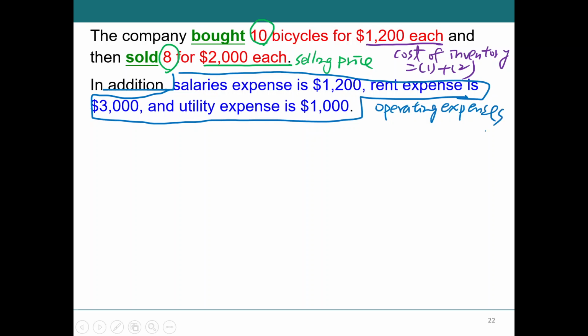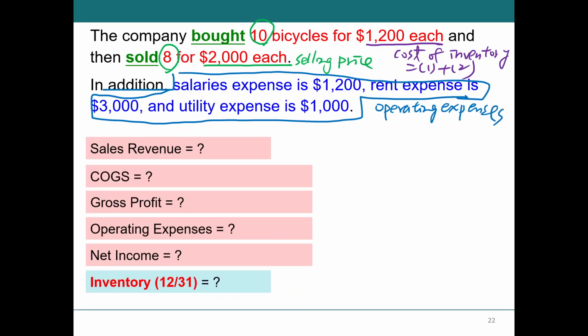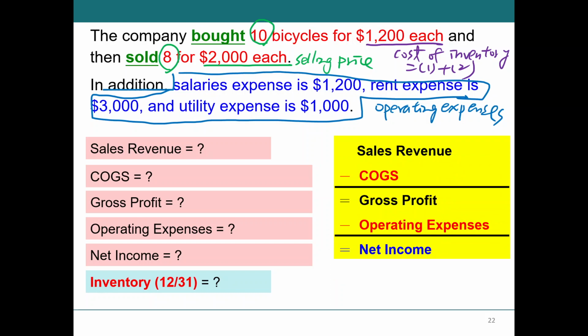Okay? Based on this, finish all the question marks. You can go home. In case you forgot, sales revenue minus first expense, cost of goods sold, you got gross profit. Minus operating expenses, you got net income. So give me the numbers. You can go home.